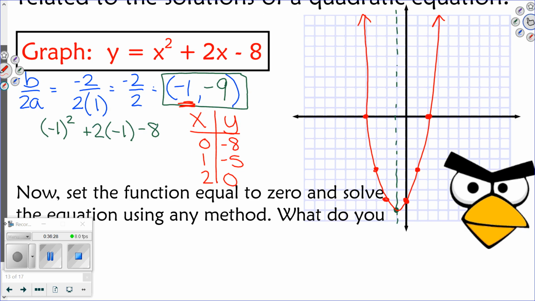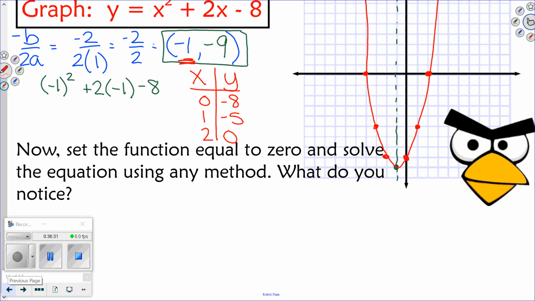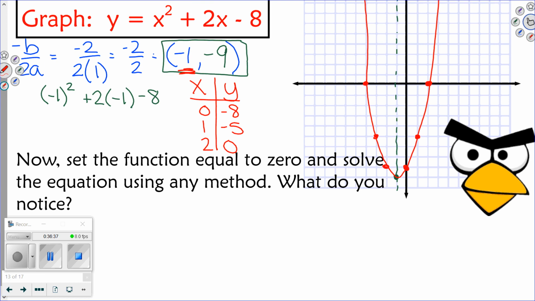Now, let's tie that to what we did in the last chapter. If I asked you to solve this problem, what method would you pick? Quadratic formula would work, but I think there's a faster method. It'll factor. So let's go ahead, set this equal to 0. Instead of y, you're going to have y is 0.